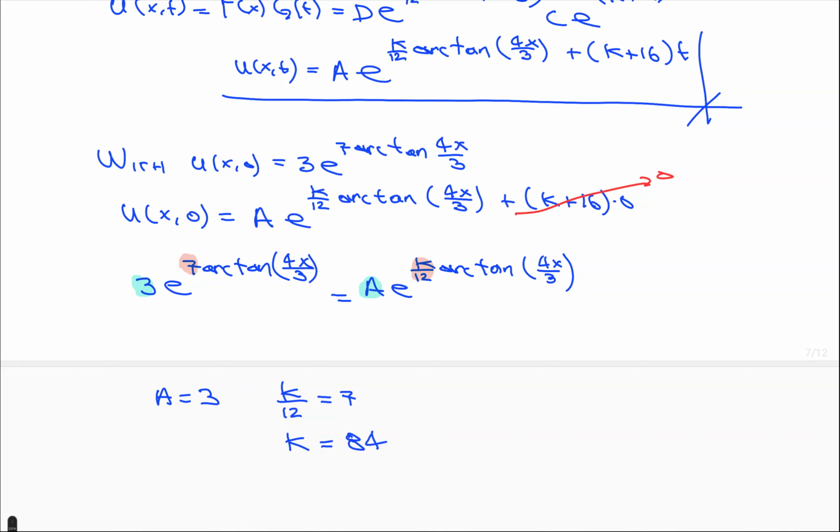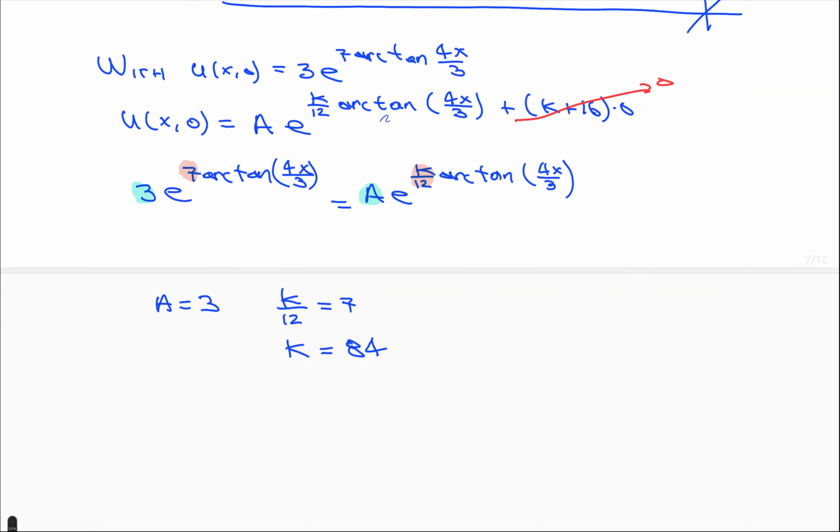So that's 84. We may go ahead and go back to the general solution and substitute the values of a equals 3 and k equals 84. And that's going to give us the particular solution.